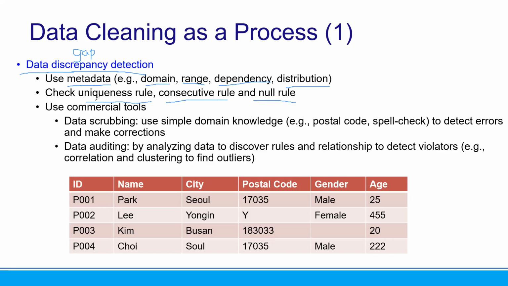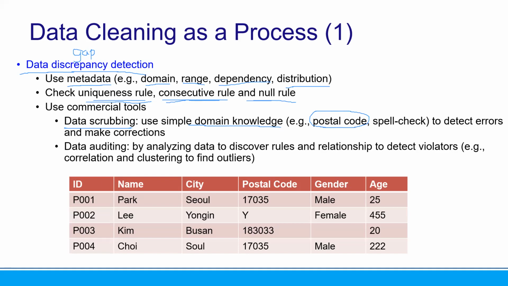Maybe it's a little bit complicated, but for example, data scrubbing tools are available, and they use simple domain knowledge, for example postal code.